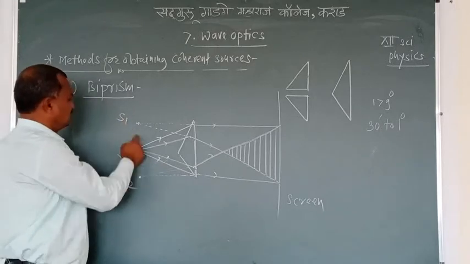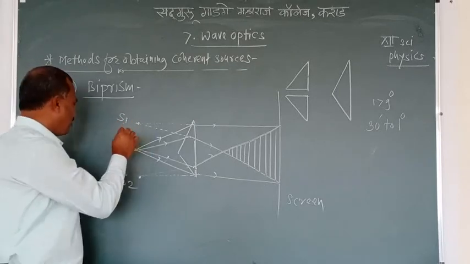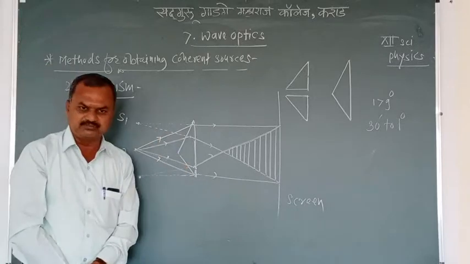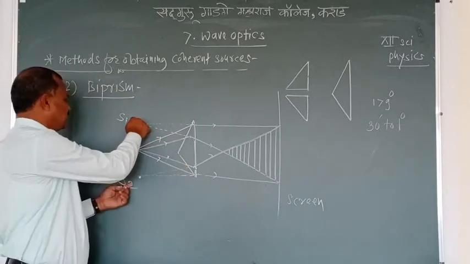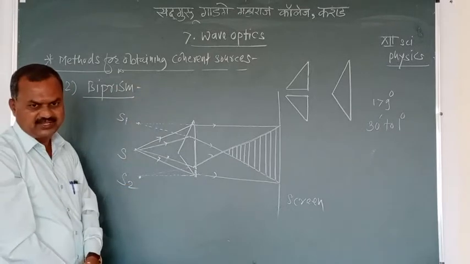These two sources are virtual sources obtained from the original source S with the help of this biprism. These two sources are called coherent sources of light.